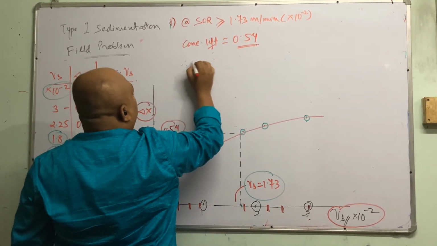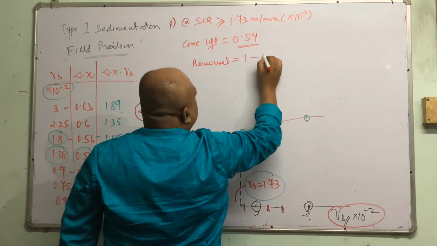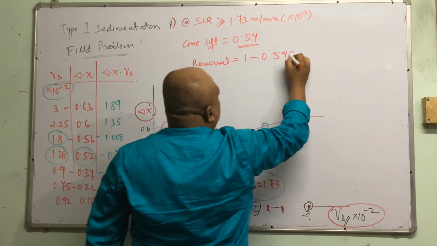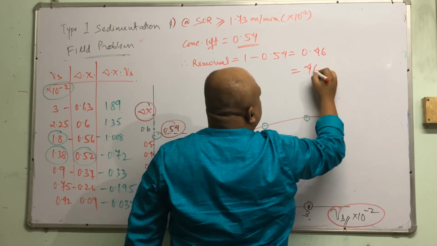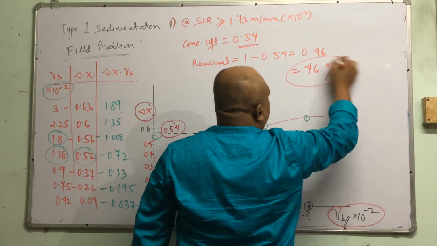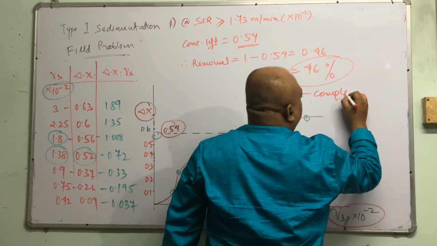Therefore removal is 1 minus 0.54, which is 0.46, equal to 46%. That means 46% is completely removed.